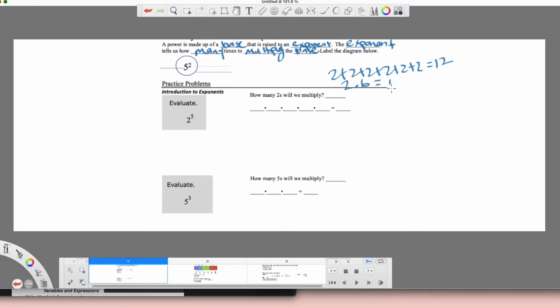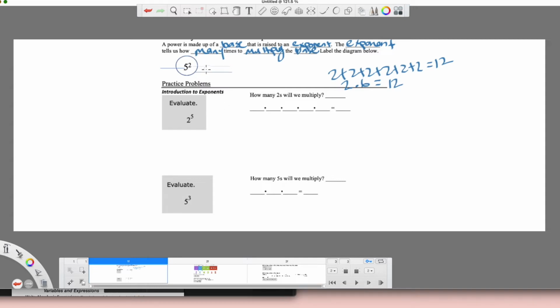So there's always an easier way to look at that. Repeated addition turned into multiplication. Well, if I have repeated multiplication, there's an easier way to write that. Instead of having to write 2 times 2 times 2 times 2 times 2 times 2, I can use exponents to show that instead.